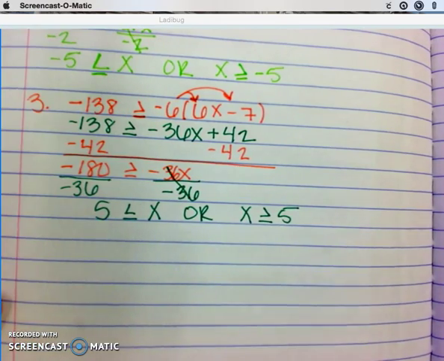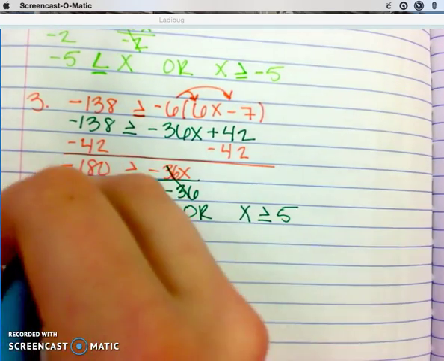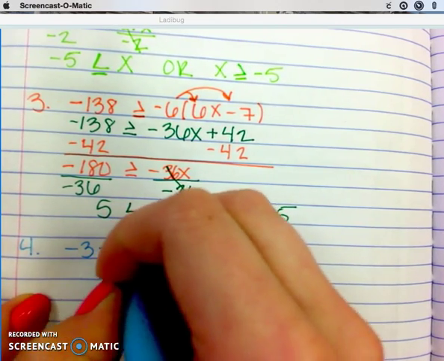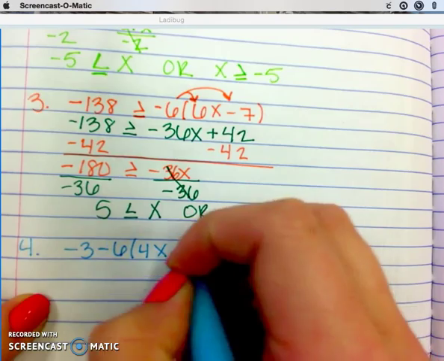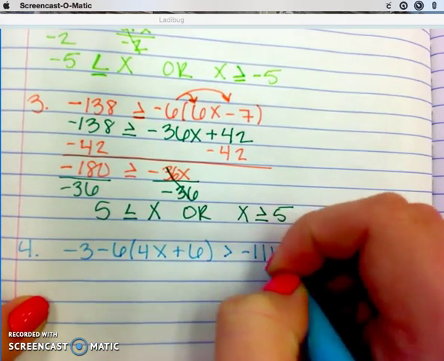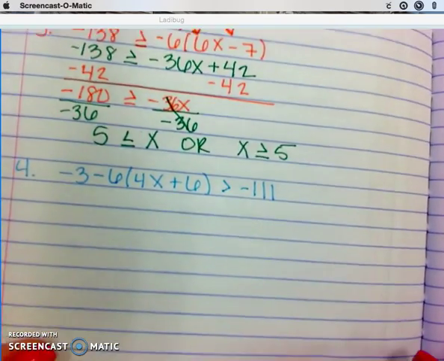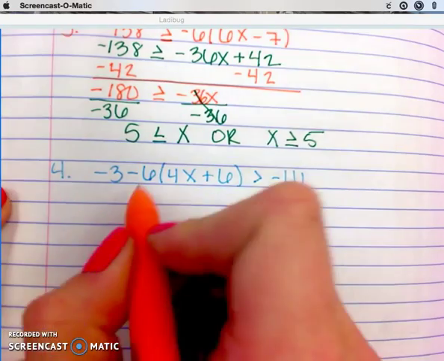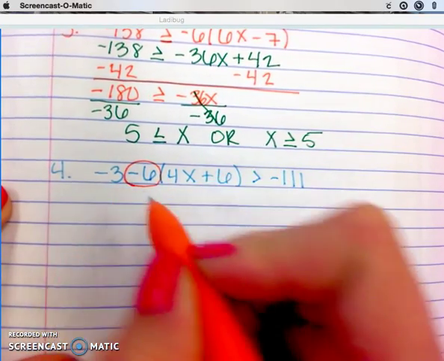And the last one that we'll do, negative 3 minus 6 times 4x plus 6 is greater than negative 111. So I'm looking and I am distributing. I have to first distribute. It's a negative 6.